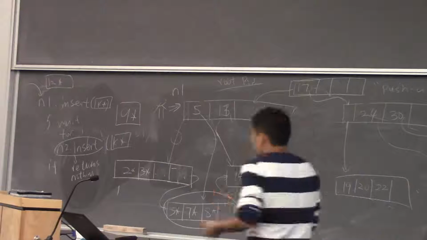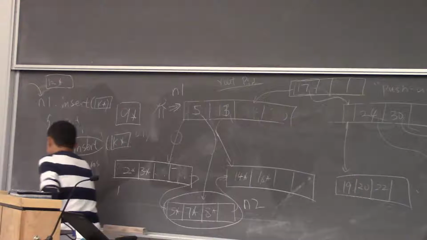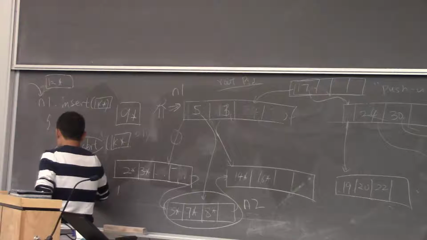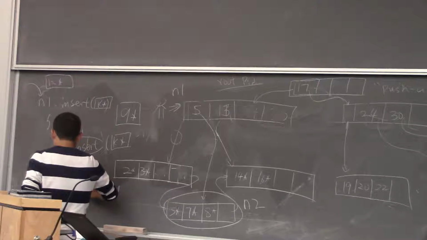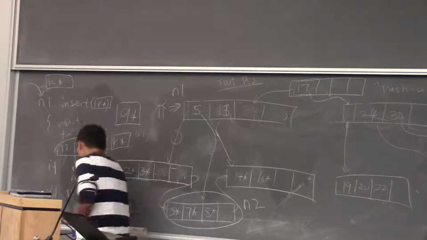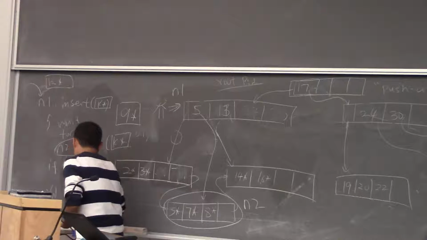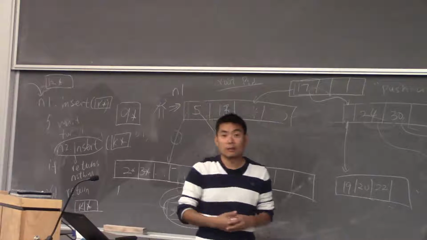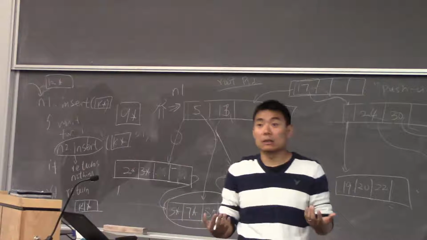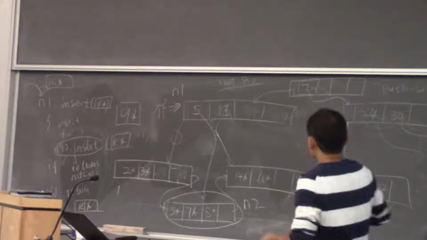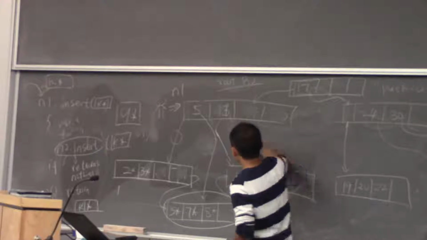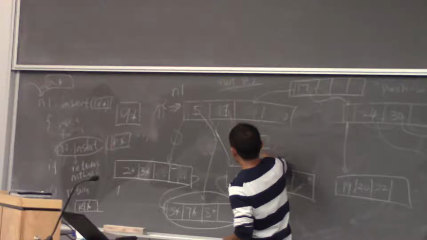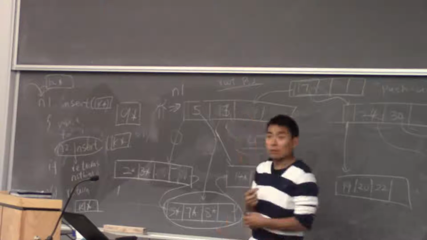The other case is, otherwise, it will return something. What does it return? It will return some key value k prime and a page ID pointer entry. Essentially, it's 5. We just pushed it up.